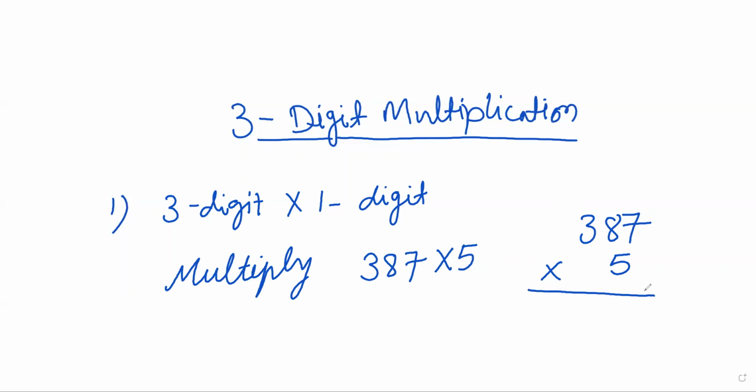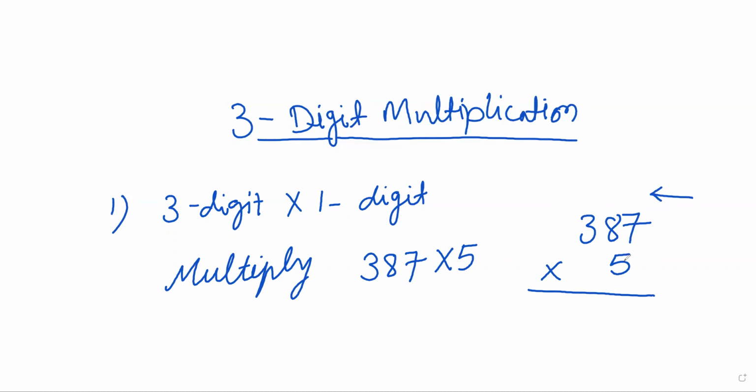In this multiplication, we multiply the lower number with the upper number from right to left.